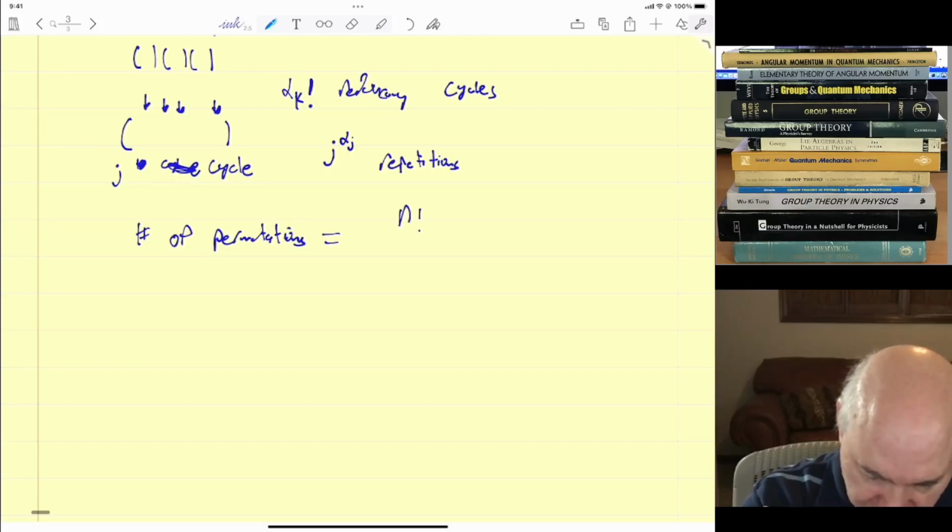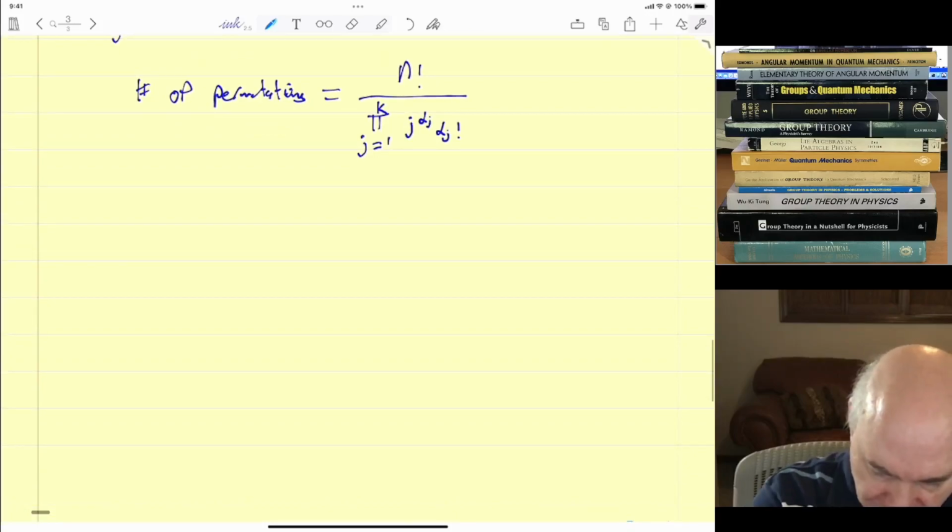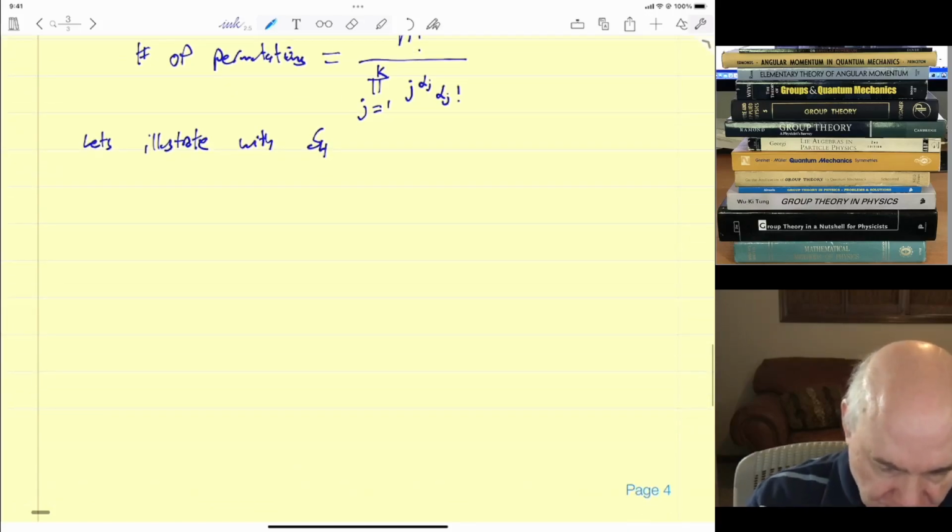n factorial divided by the product from j equal 1 to k of j to the alpha j, times alpha j factorial. So let's illustrate this with S4. We could have alpha 1 equal 4, meaning we have 4 1 cycles.